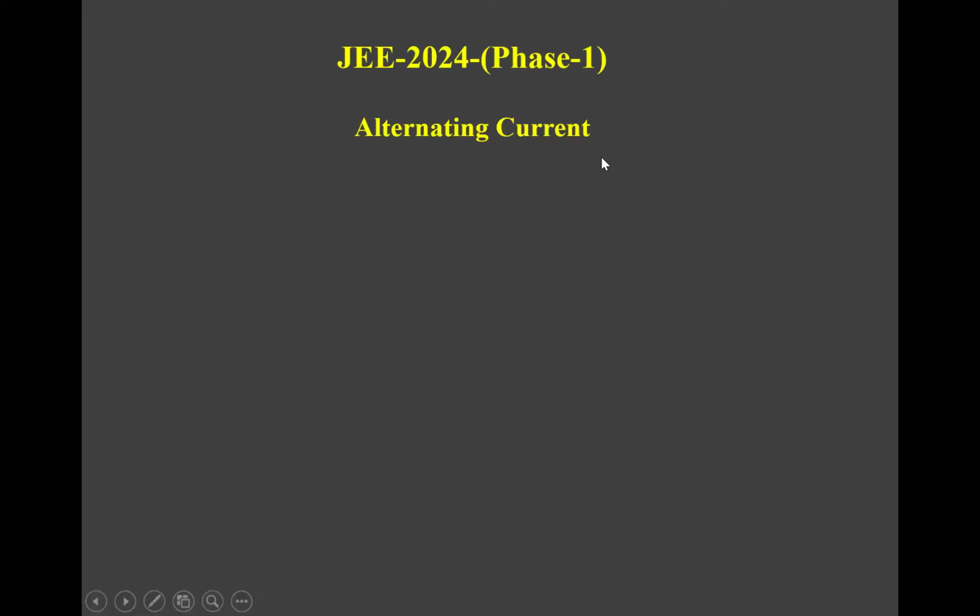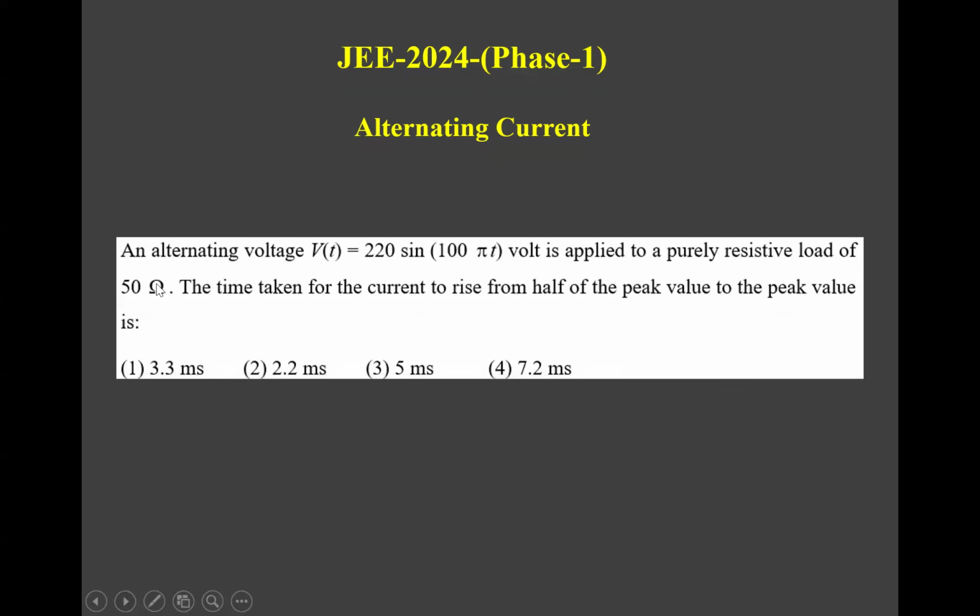Dear students, in JEE 2024 Phase 1, this question was from the chapter Alternating Current. The question is: an alternating voltage V at time t equal to 220 sin 100πt volt is applied to a purely resistive load of 50 ohm.